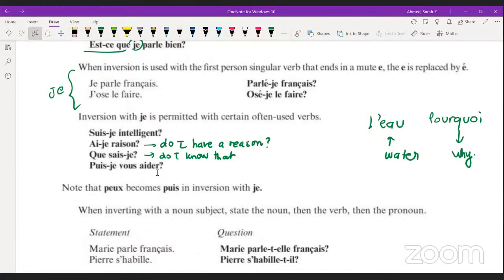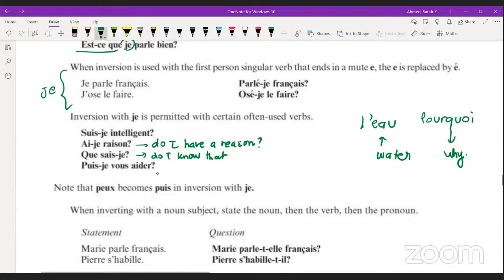Okay, so this one means can I help you? So I'll just write that here. Note that pe becomes puis in inversion with je. So that's just specific to this word.